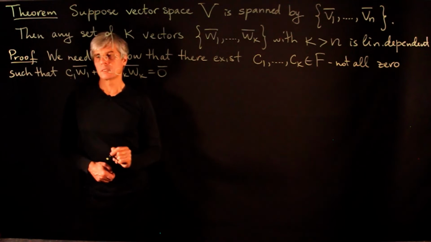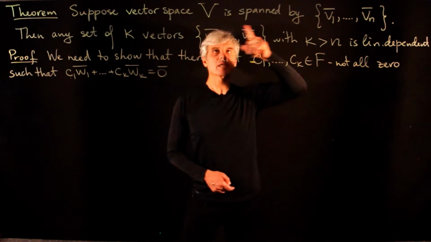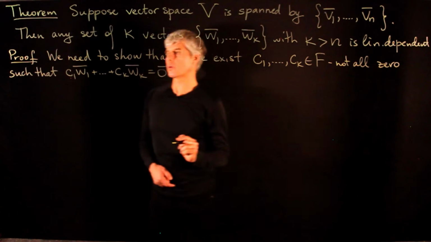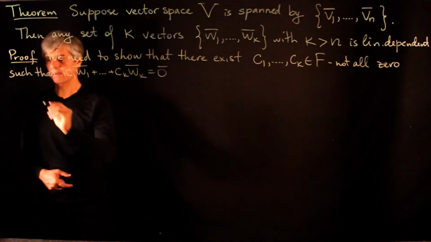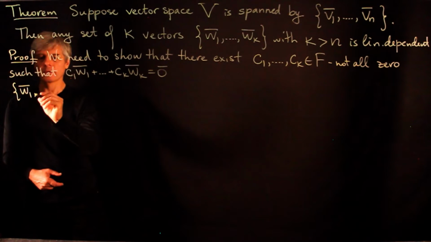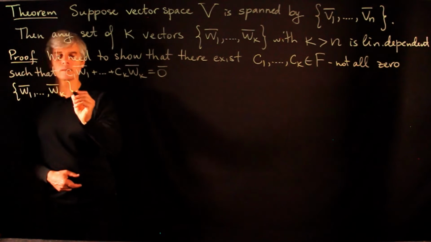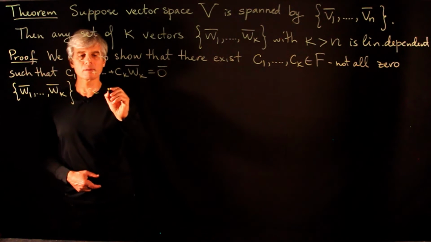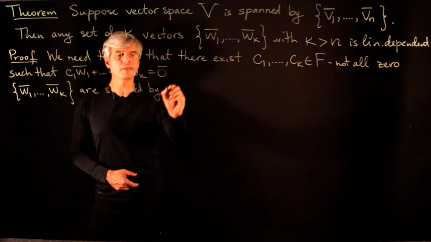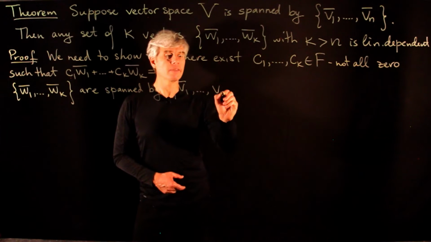Now, what we are given here is that our vector space V is spanned by these n vectors. So this means that vectors w1 through wk are spanned by vectors v1 through vn.